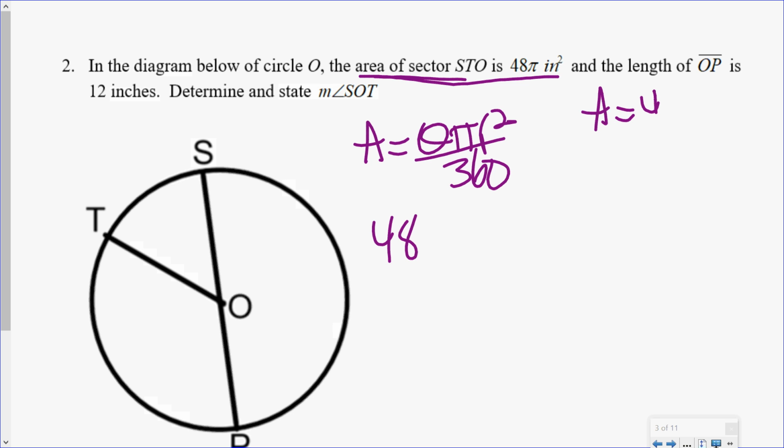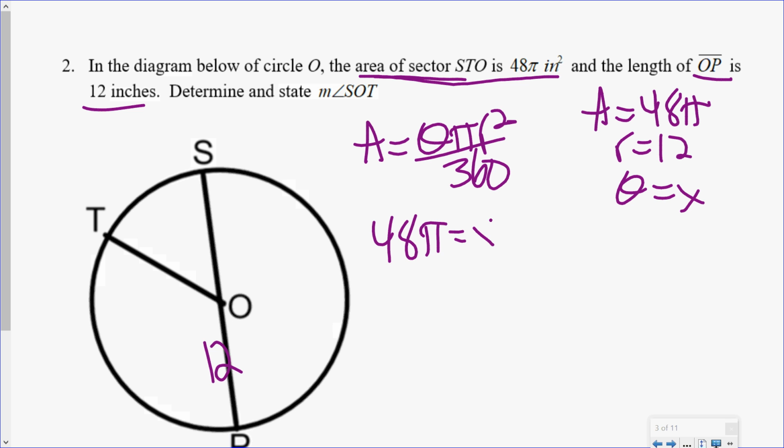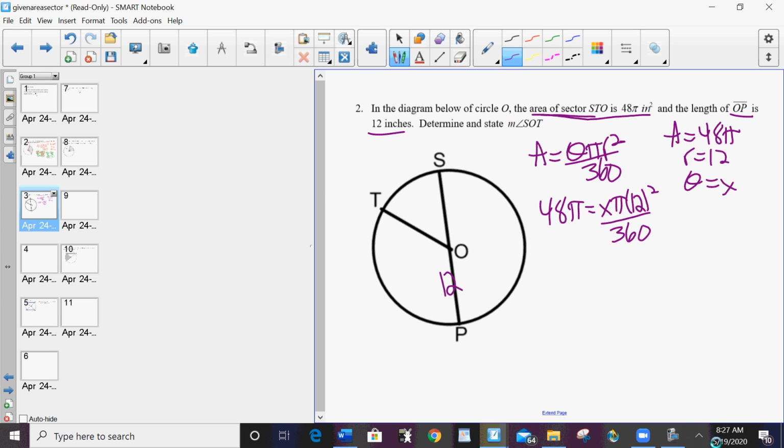So A is 48 pi. OP is 12. OP is a radius. And again, it's asking for theta. 48 pi equals x pi 12 squared over 360.